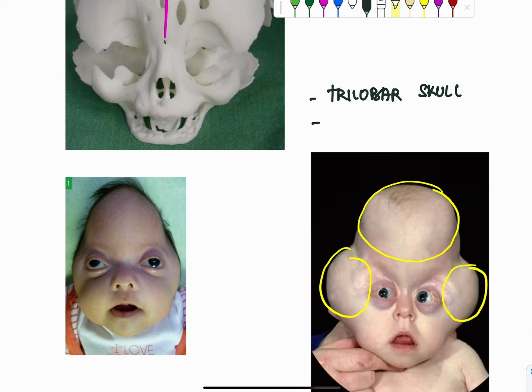Here, when the skull cap is compressing the brain in all directions, there will be obstruction. When there is obstruction, do you think the CSF can flow? CSF cannot flow. So that would lead to hydrocephalus. Not only hydrocephalus, because of this, what will happen? The intracranial pressure will increase or decrease? There will be raised intracranial pressure, raised ICP. So these are the skulls which you have to know.